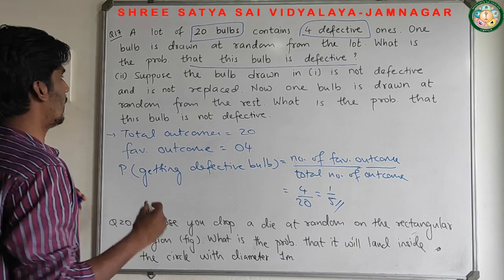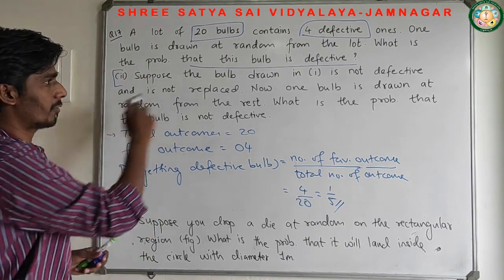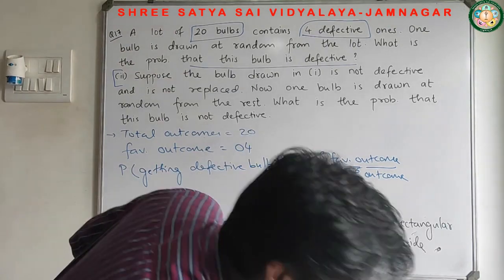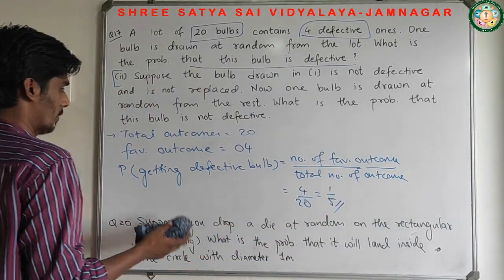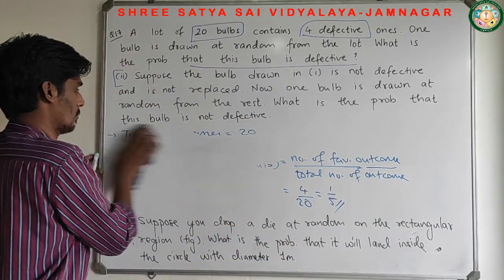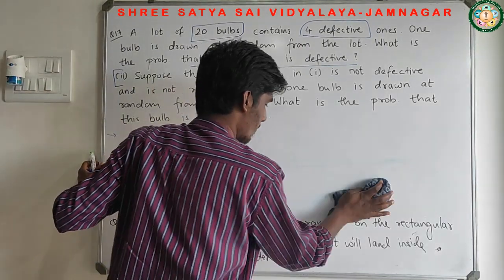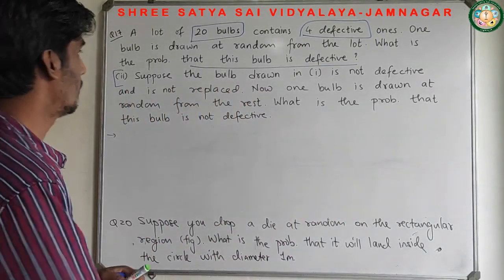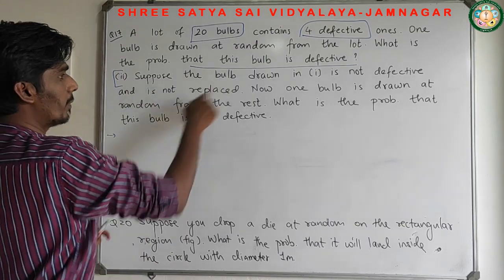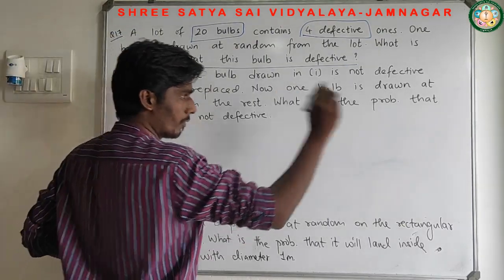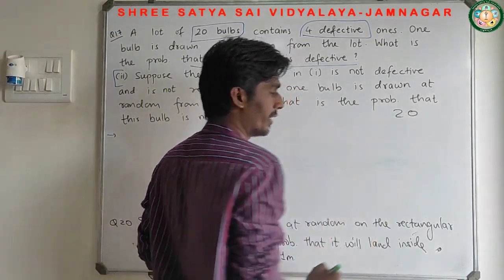Now let's move to the second part. From here, start with the second part. Now, suppose the bulb drawn. So initially there were 20 bulbs.